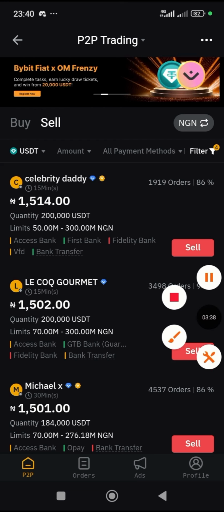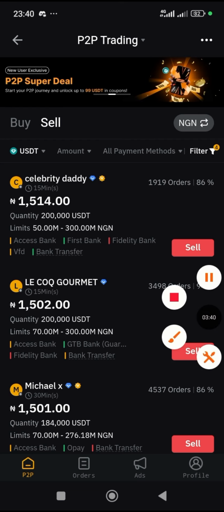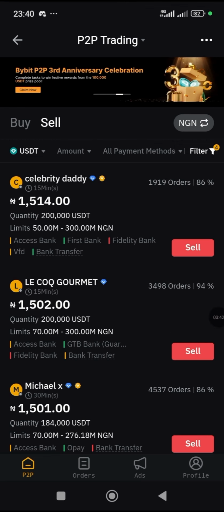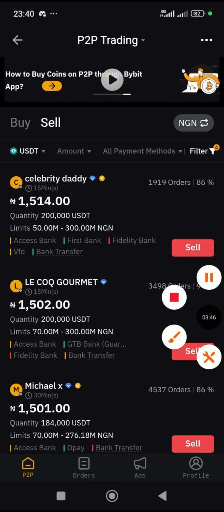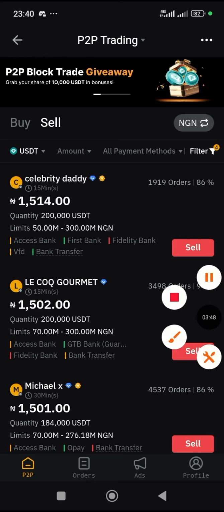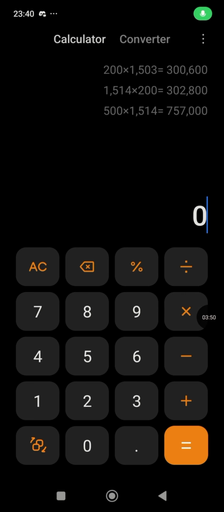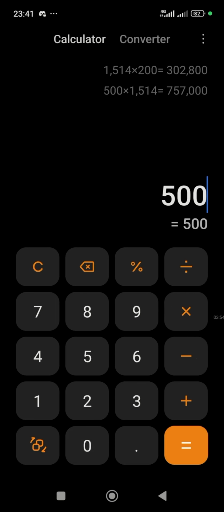So let's go to our calculator. Let's say I want to start with 500 USDT. Let's see the profit we'll be making. You can do it gradually. There is no limit on the time you can do it. So let me punch my calculator. I'm starting with 500, and on Bitget the rate is around 1,502. That means it will cost me around 751,000.